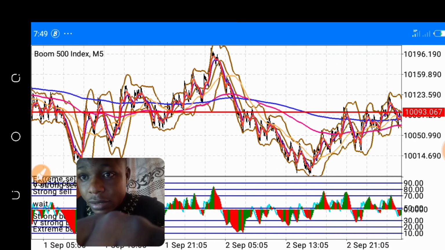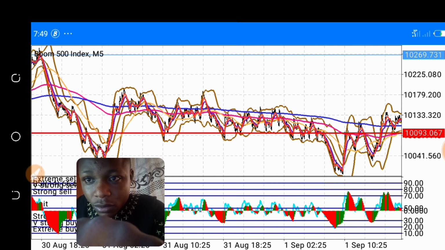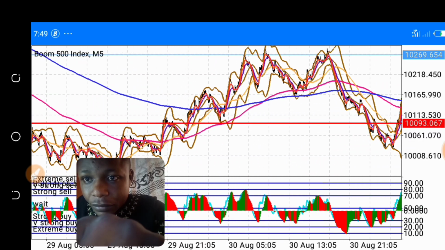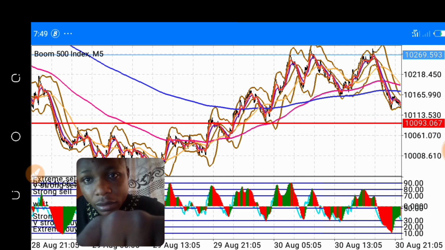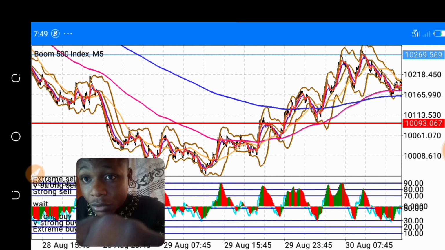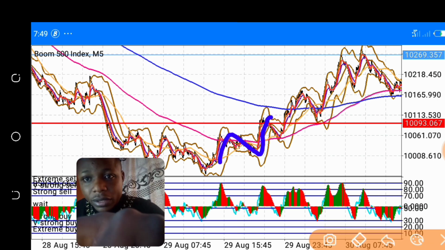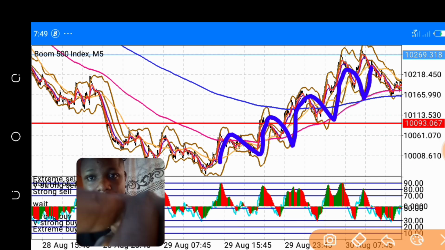It was a resistance. See, it was a support here, another support. See, this one is even good, this is the kind of swinging trend I taught you on the trend types. This is a swinging up trend. This is a good trend.